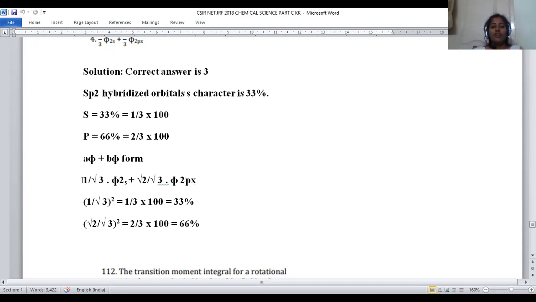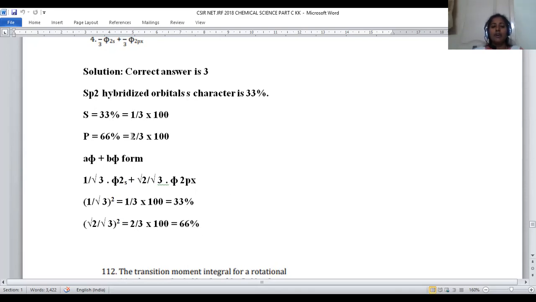So when we square this, what happens? 1 by under root 3 whole squared becomes 1 by 3 into 100, which is 33%. This exactly matches the s percentage of the sp2 orbital. And when we square under root 2 by under root 3, it becomes 66%.